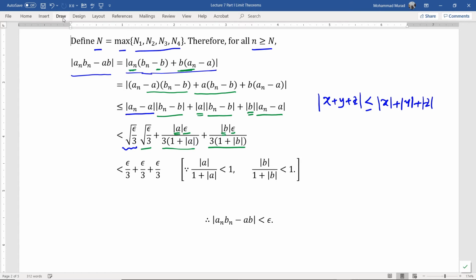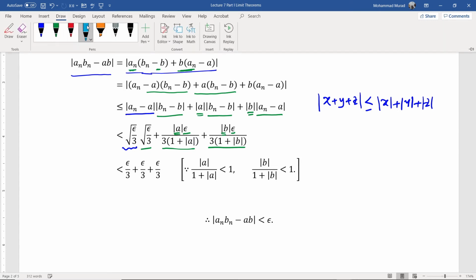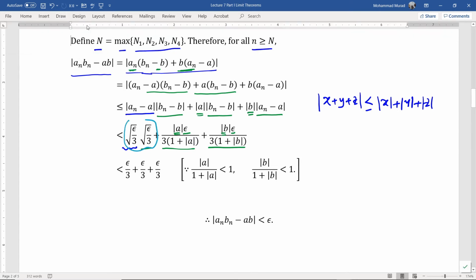Now if we simplify the first term here, it becomes epsilon over 3. And since the quantity absolute value of a over 1 plus absolute value of a is always smaller than 1, we can multiply both sides by a positive quantity epsilon.